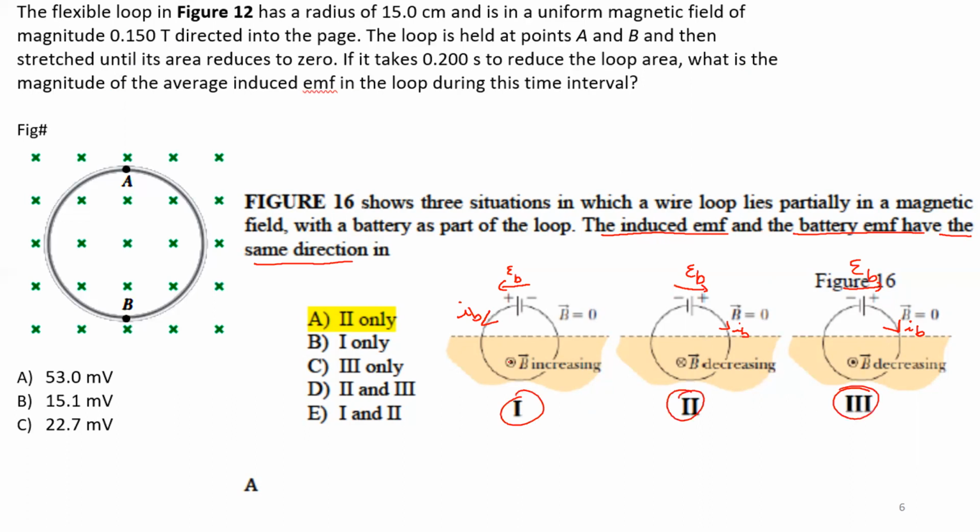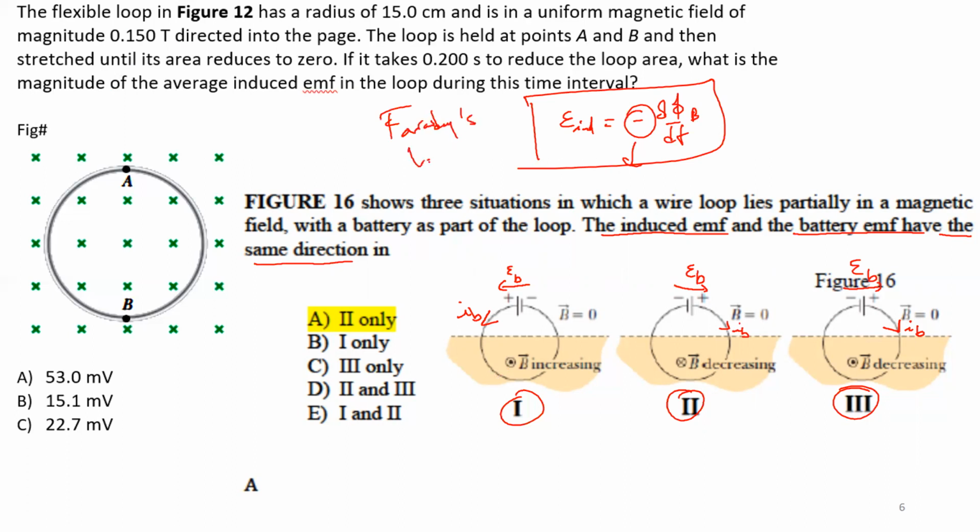In case 1, we have a magnetic field pointing out towards you and increasing. So let me apply Lenz's law. E induced is minus d phi over dt, the derivative with respect to time of the magnetic flux. This is Faraday's law of induction, as we discussed in class.